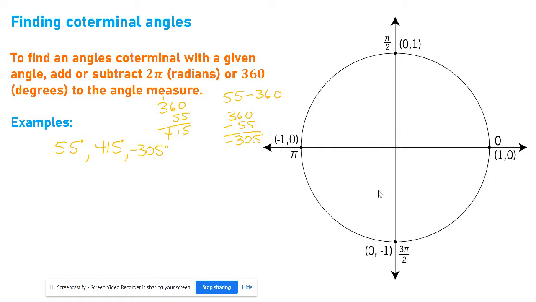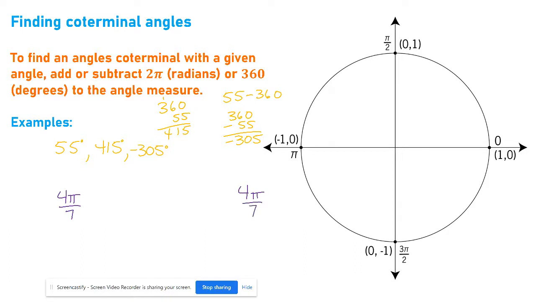That does get slightly more complicated, even though it's the same concept. Say I have an angle of 4 pi over 7 radians, and I want to find a coterminal angle. I have to subtract or add one full rotation, which for radians is 2 pi.